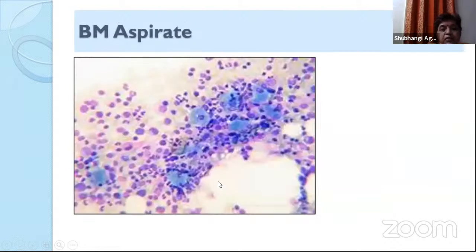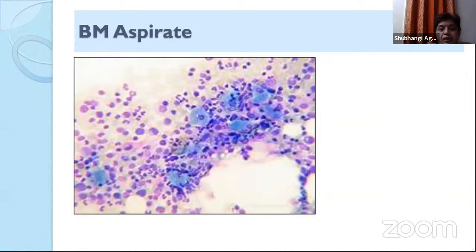And this is the aspirate of the sea blue histiocytosis, which is showing sea blue histiocytes in the bone marrow. Sea blue histiocytes may vary, few in number. You have to be very vigilant to diagnose these cells.